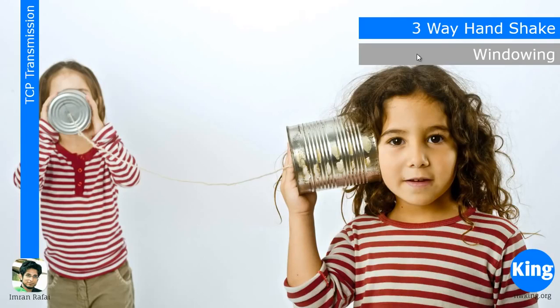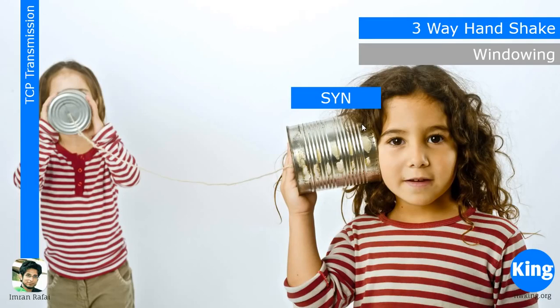The three-way handshake is initiated by the sending device, by creating a SYN packet. So let's assume that this girl whose face you can see is device A, or girl A, and the girl whose face you cannot see is girl B.